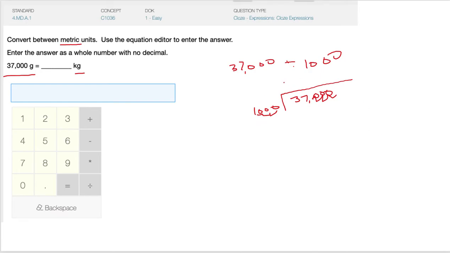So 1 into 3 is 3. 3,700 minus 3,000 is 700. Bring down the 0. 1,000 into 7,000 is 7. 7 times 1,000 is 7,000. So 1,000 into 37,000 is 37. So 37 kilograms.